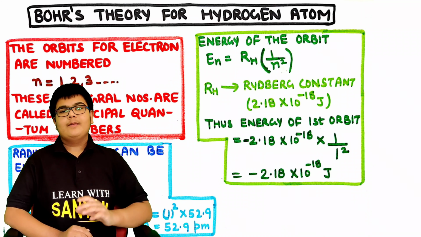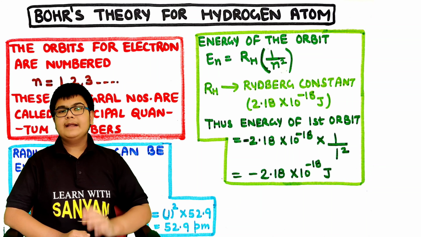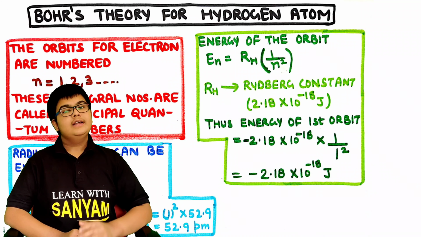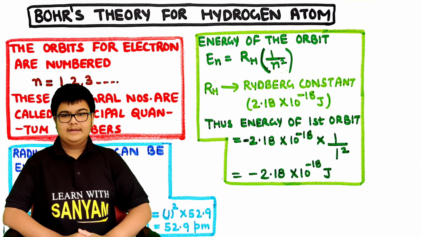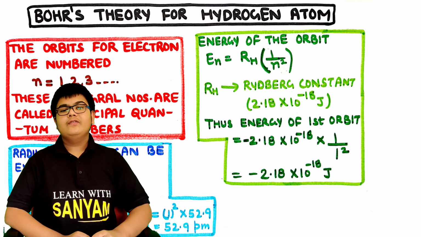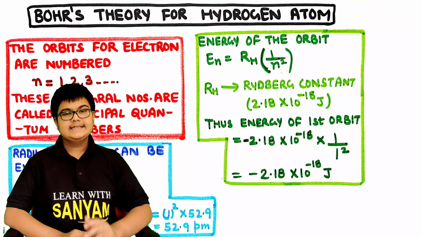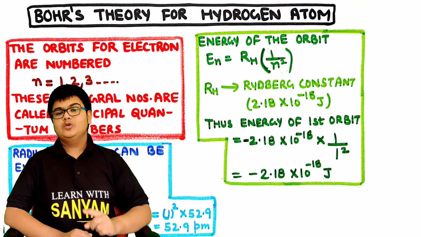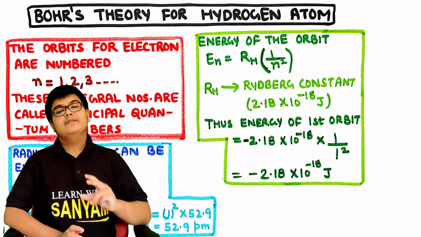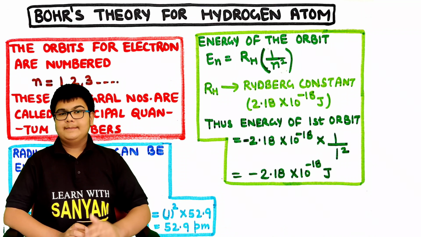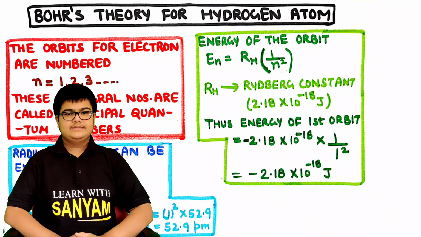So by applying this formula, we can find the value of energy of that orbit. Thus, putting the value of n as 1, we can find the energy of first orbit as minus 2.18 into 10 raised to power minus 18 into 1 upon 1 square. That becomes minus 2.18 into 10 raised to power minus 18 joules.